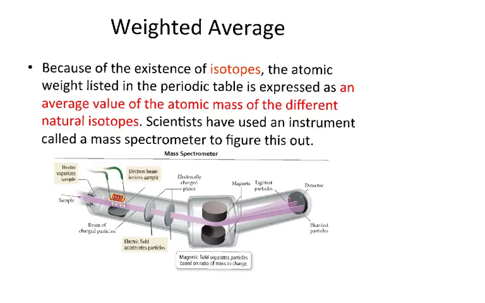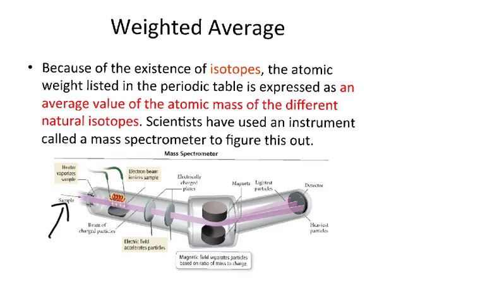So a sample gets put in. We were thinking about neon in class. So neon atoms are introduced into the mass spectrometer. They get ionized, so they form positive ions, and then these positive ions are directed through a magnetic field.